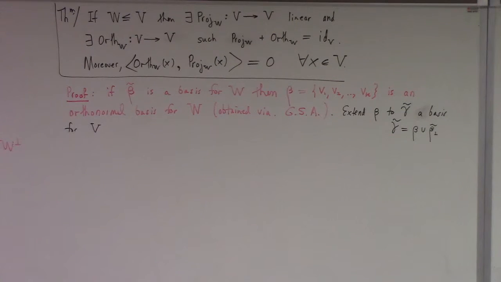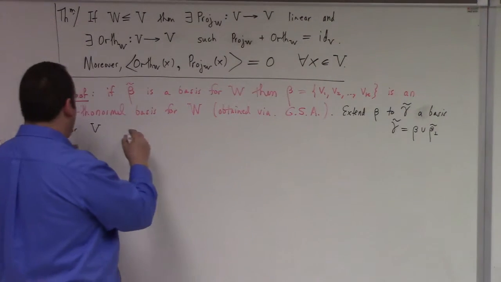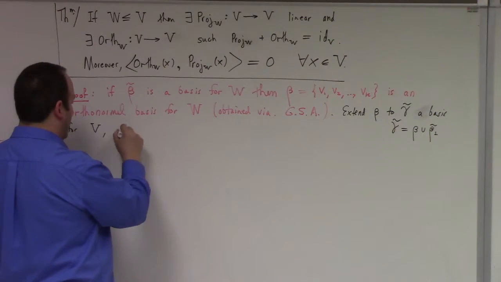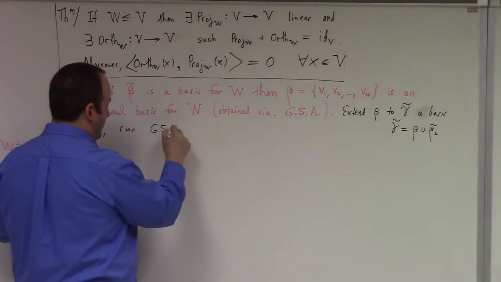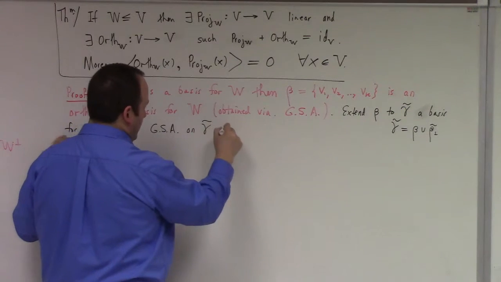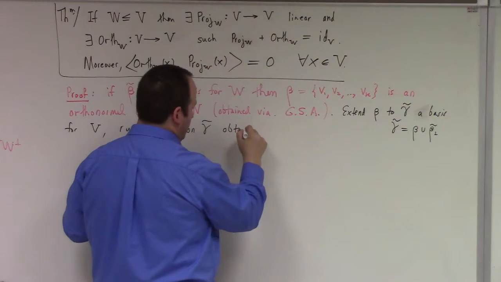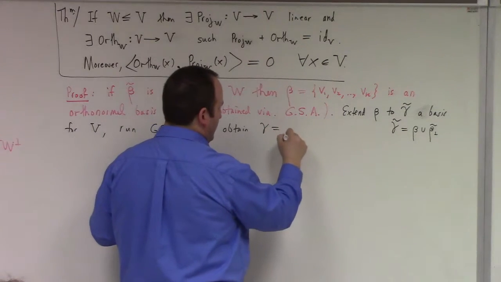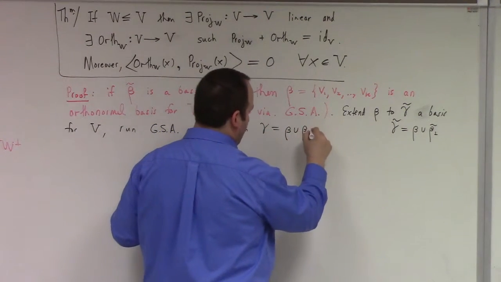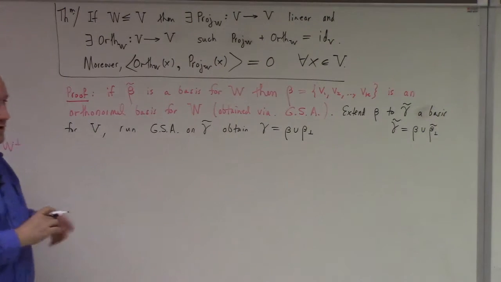Nothing, right? Like this would be a very easy test question. Run the Gram-Schmidt algorithm on the standard basis. What do you get? With respect to the Euclidean inner product, the dot product, you're just back where you started. It's stupid. So when I run Gram-Schmidt on gamma tilde, what pops out? Run the Gram-Schmidt algorithm on gamma tilde, obtain gamma, which is just going to be beta union with, say, beta perp. That will be orthonormal.